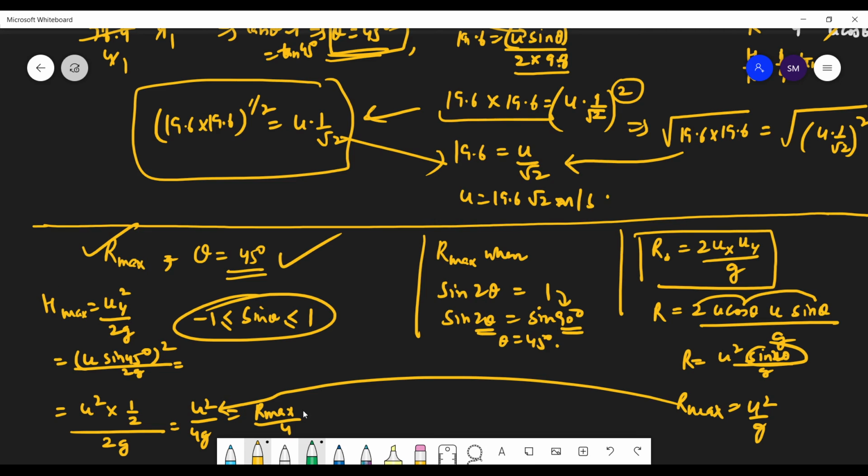So maximum height is range maximum by 4. Or you can say maximum range is equals to 4 times height maximum. So that's the relation between maximum height and maximum range when theta is 45 degrees.